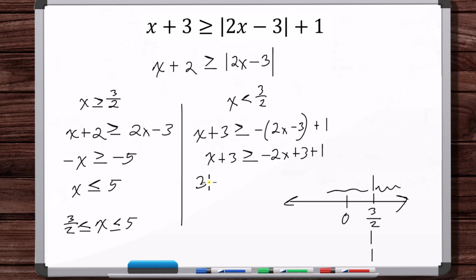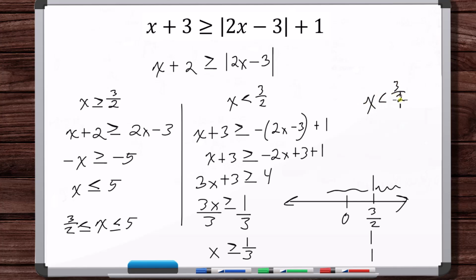Add 2x to both sides. Subtract 3 from both sides. Divide both sides by 3. So x is greater than or equal to 1/3, and x is less than 3/2. That's going to be this.